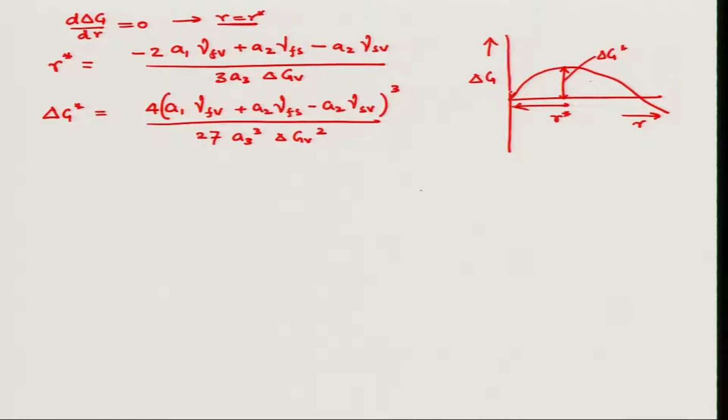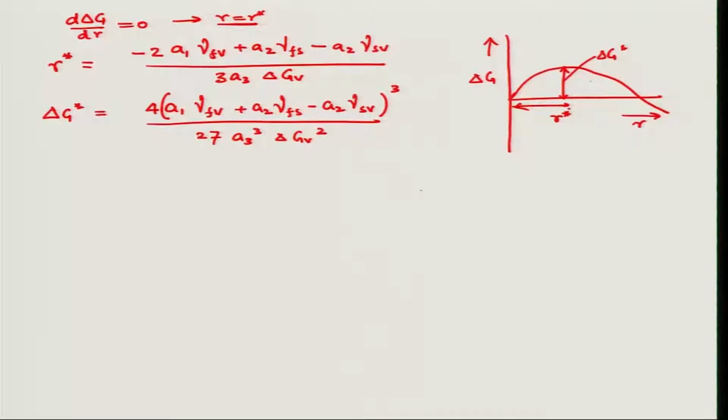Whenever the free energy change is positive, it is not an equilibrium process, because it will not continue forever. The free energy change for a forward reaction is always negative. So, there is a critical radius and critical energy beyond which the change becomes negative, and then we get a stable nucleus. This critical radius and critical free energy change are given by these two expressions.